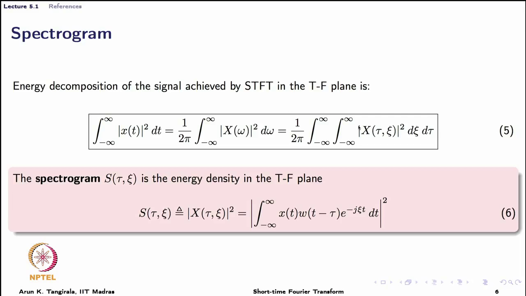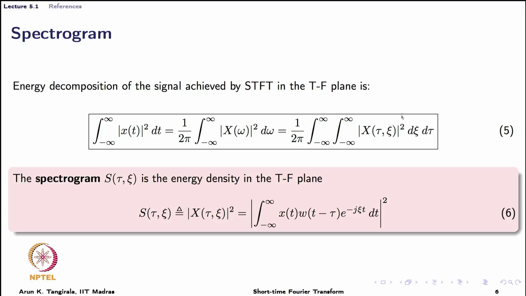And now, by virtue of Parseval relation, I can also show that the energy is preserved in this manner. So, the two-dimensional area under the surface of the squared magnitude of x of tau comma z gives me the total energy, and x of tau comma z is a continuous function. Notice that tau and z are continuous valued variables right now.